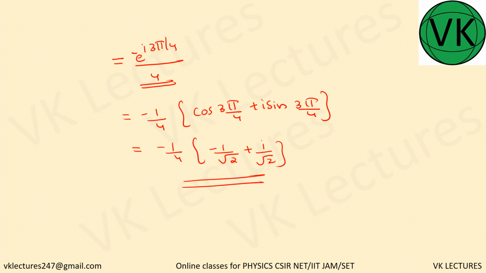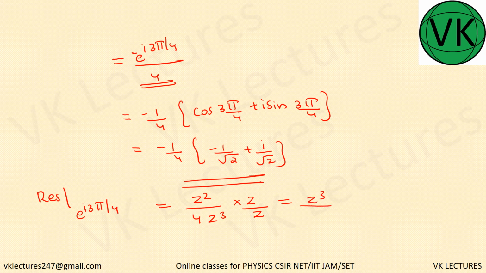Then in the next case, residue at e raised to i 3 pi by 4 is equal to z square divided by 4z cube into z divided by z, that is equal to z cube divided by 4z raised to 4.